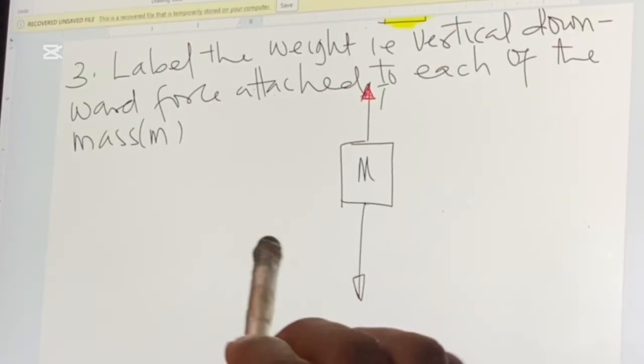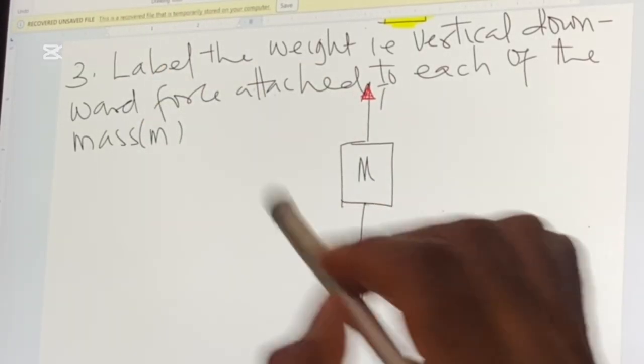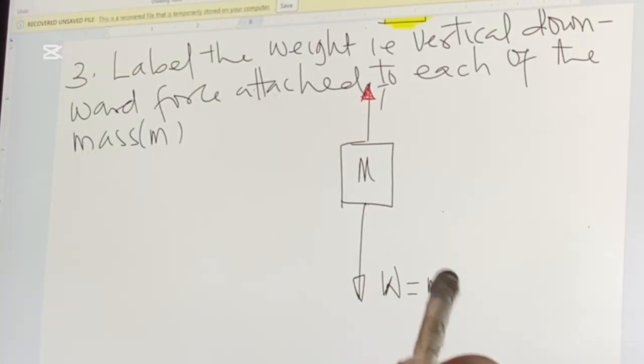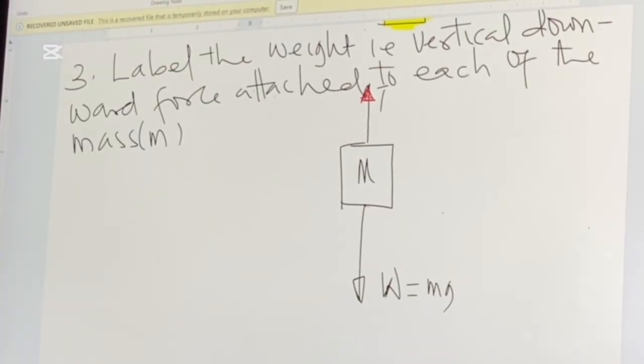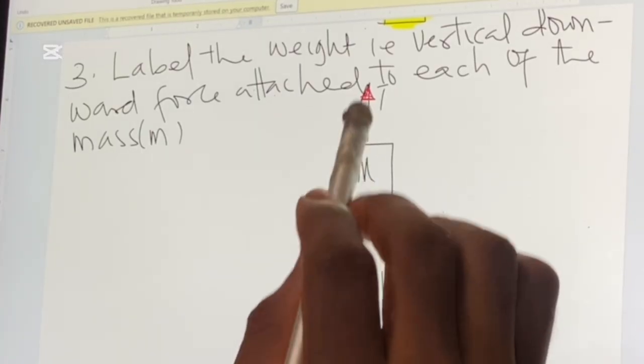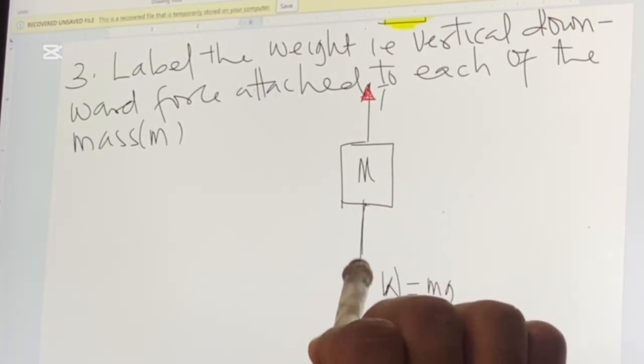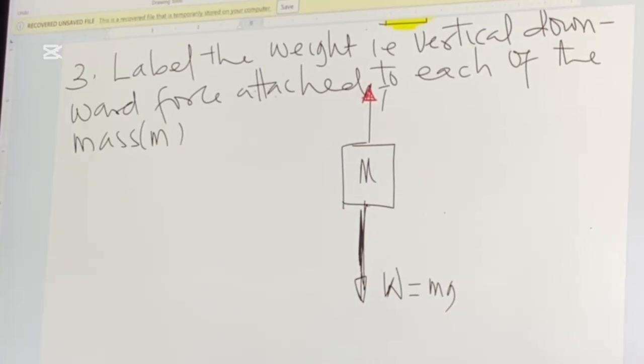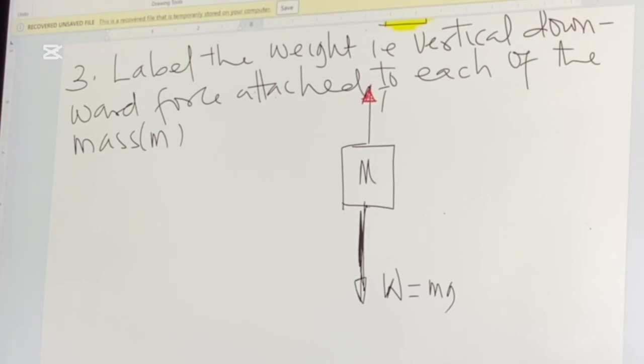Please take note. And this vertical downward force, we call it weight, which is the same as mg. This opposite force to the tension here is called weight. Please take note. And the formula is mg. Now, whenever I want to solve any question on this, you must label the weight.